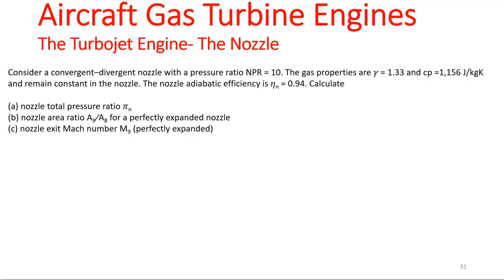Let's try to solve part 2 here. We want to find the nozzle area ratio, which is A9 divided by A8, the nozzle exit area divided by the throat area, right? For a perfectly expanded nozzle. How can we find that?